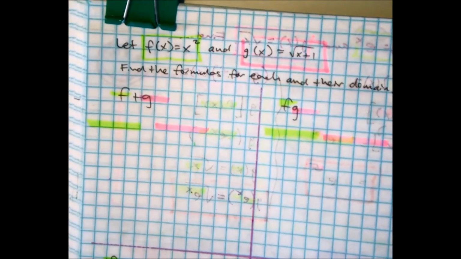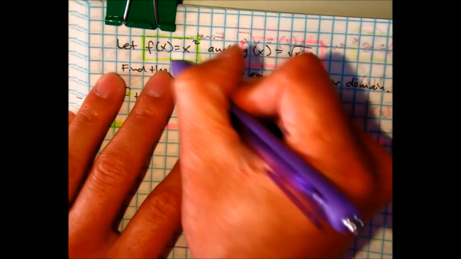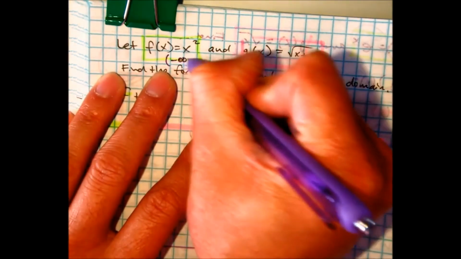To find the domain for each of these in yellow and pink. Ryan, the domain for the yellow is? Lisbeth, the domain for the yellow is? Is it negative infinity, positive infinity? Yes.